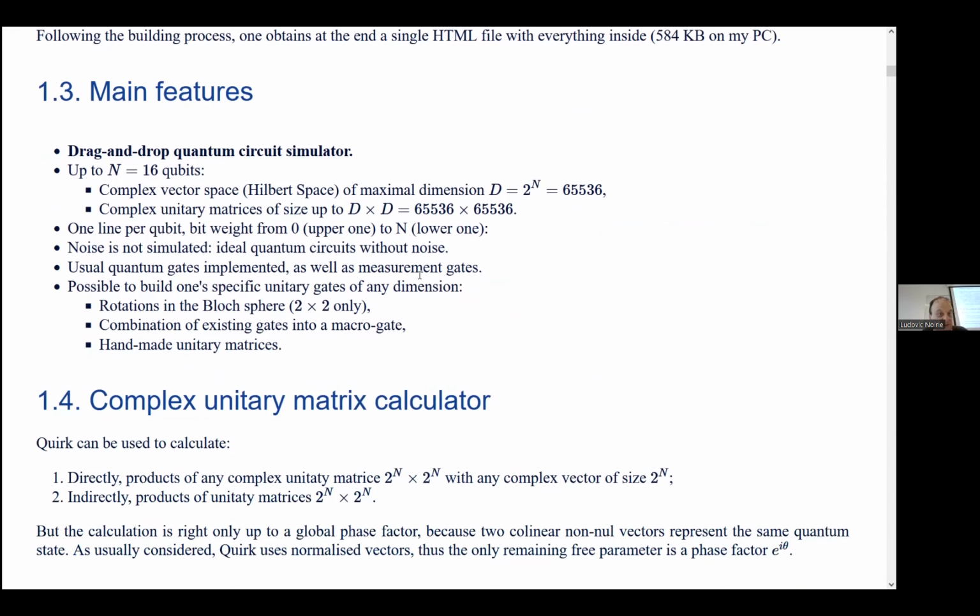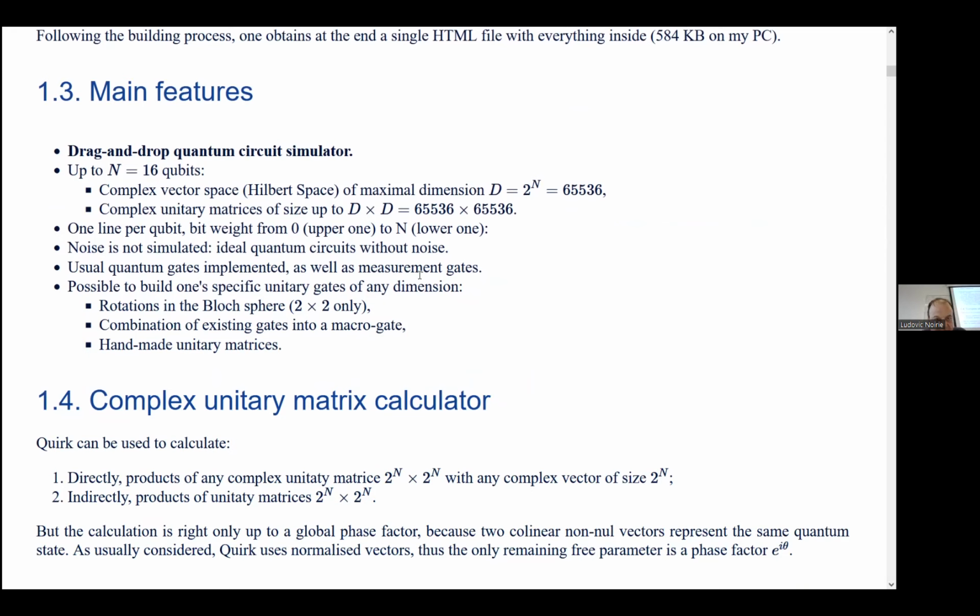The main feature is that it is a drag and drop quantum circuit simulator. You can simulate up to 16 qubits. There is one line, one wire per qubit. You will see later, the bit indices go from 0 to n-1. There is an error here in my document, I will correct it for the next version.